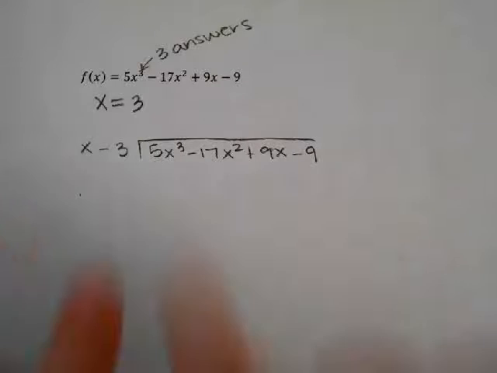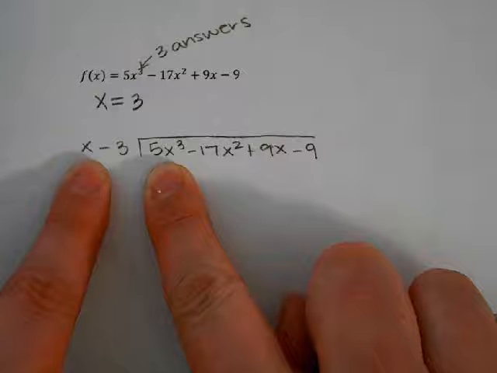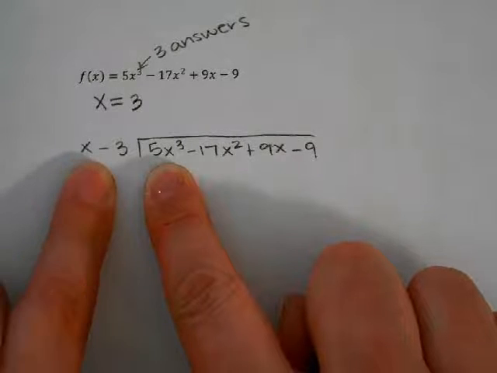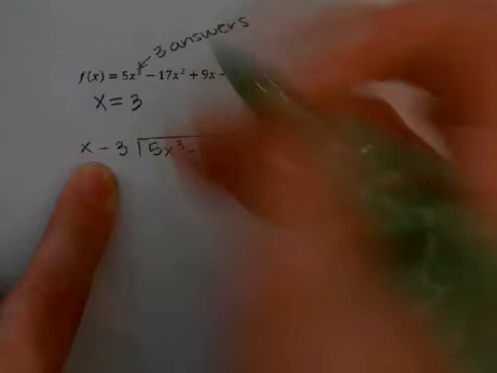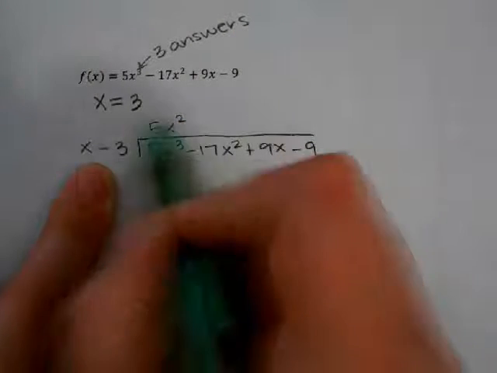We say, x times what is 5x to the third, and what would you get? 5x squared.